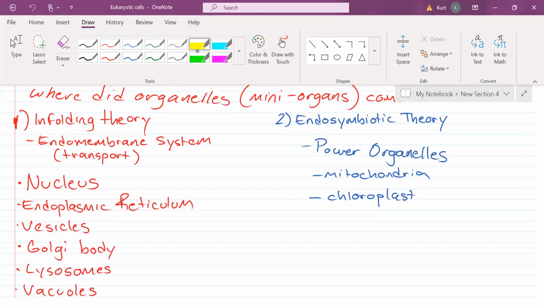And the organelles that came about by the endosymbiotic theory, which is known as endosymbiosis, they're responsible for power. And so I tried to make very clear to everybody that the mitochondria and the chloroplast are not part of the endomembrane system. Despite that, I still had a few students who included the mitochondria and the chloroplast as part of the endomembrane system.